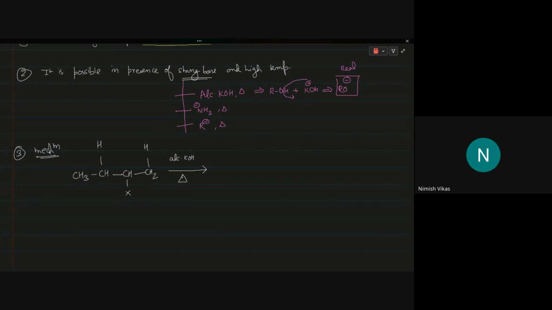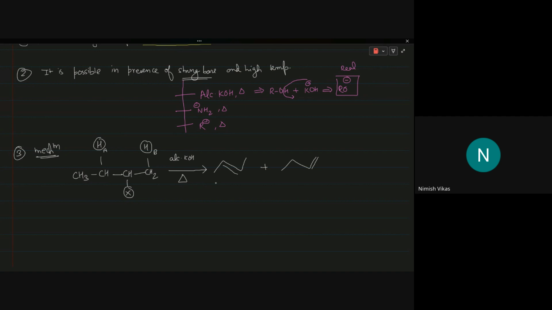Obviously, in the E2 elimination, abstraction of this hydrogen and removal of this halogen take place simultaneously. First I will draw the product. In this case, two products are possible. Let's mark this hydrogen as A and this hydrogen as B. If A hydrogen is abstracted, you will get this as the product, and if B hydrogen is abstracted, you will get this as the product.